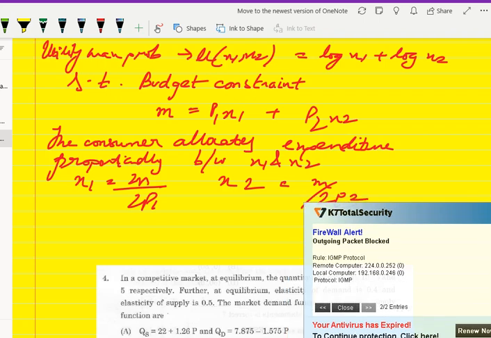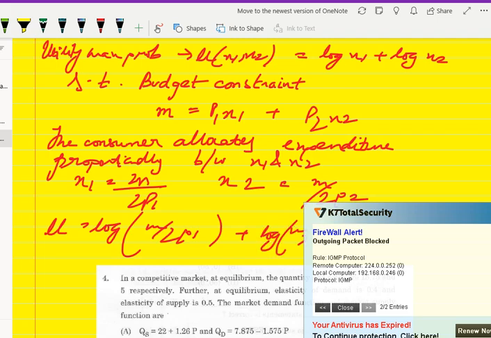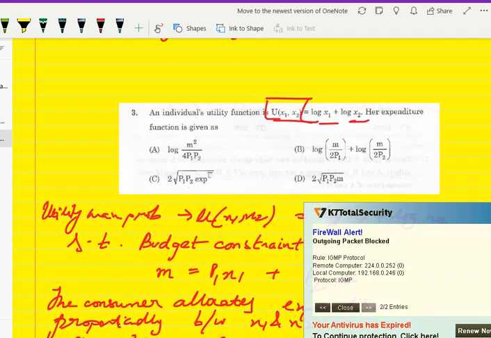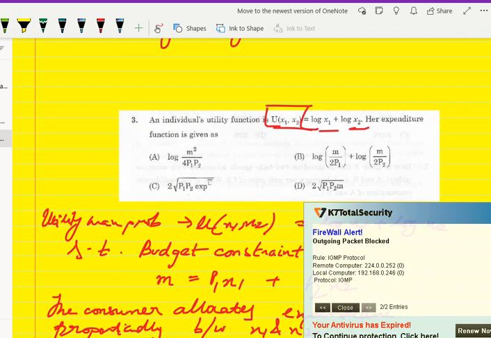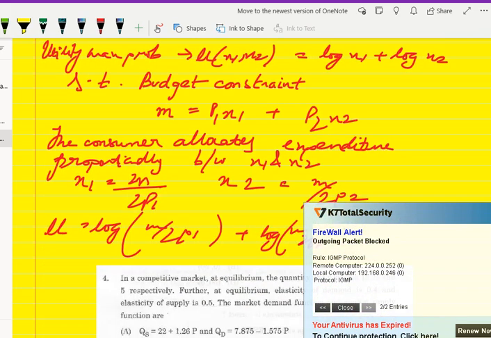Substituting this into the utility function, it will give me log of M by 2p1 plus log of M by 2p2, because we know that the consumer allocates expenditure proportionally like this. So M is a function of this.